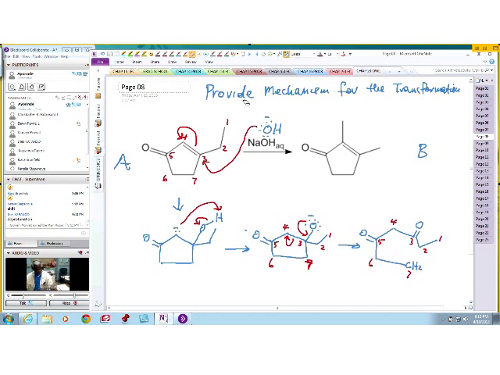This is the one that is broken away, and then the enolate is on this right here. And of course, this is still attached to 3. Let me draw it so that we could see that better.